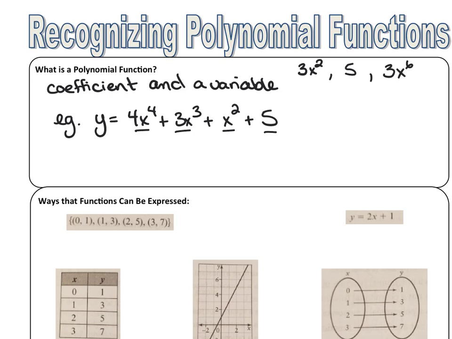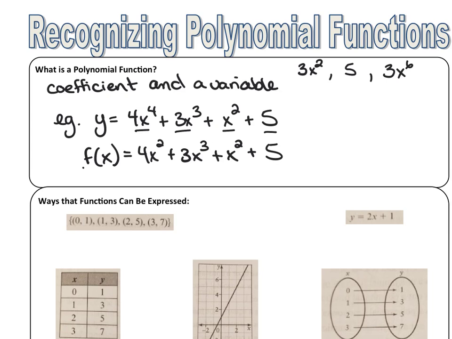Another way that they might write this, instead of writing y, they write it like this, with this f of x in front of it, which just means that this is a function of x, where x is our variable.